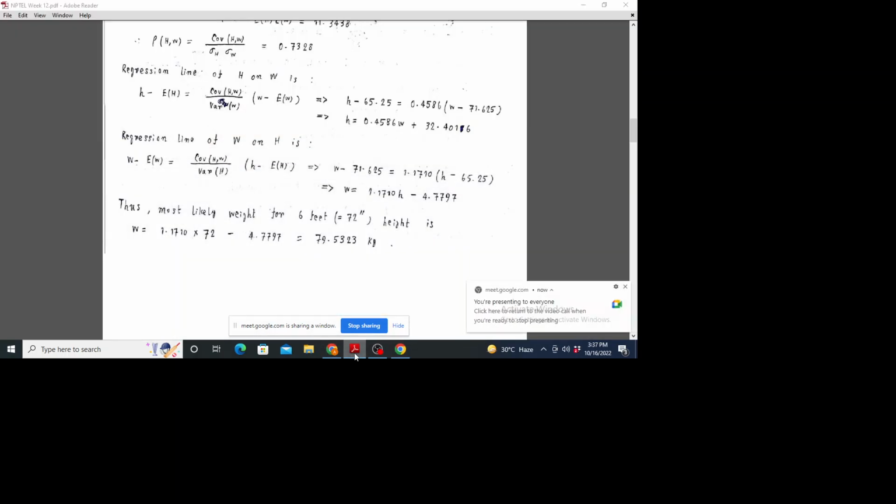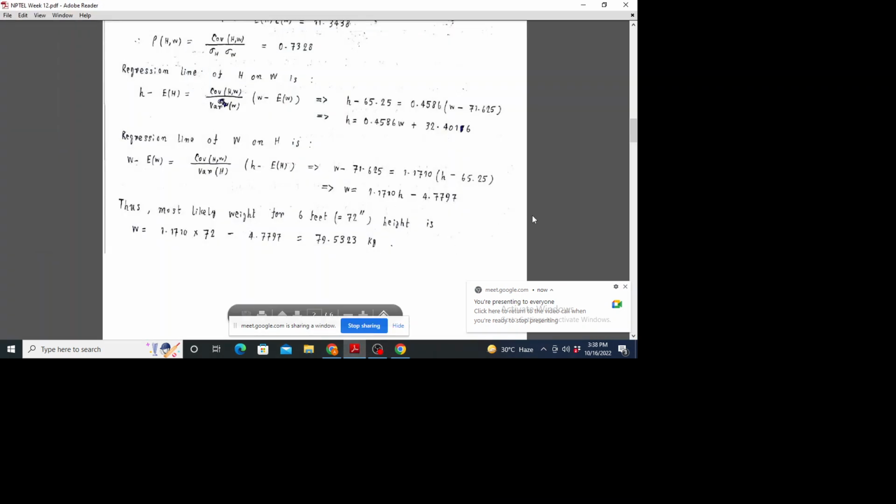For a given height, which regression line should we use to find the most likely weight? It should be the regression line of weight on h, right? Because h is given and we have to find an estimate of w. So we have to use the regression line of w on h.